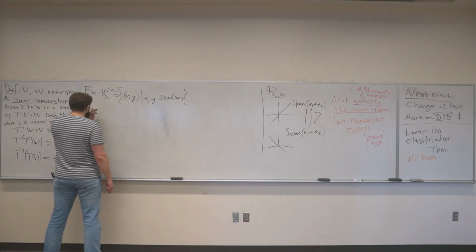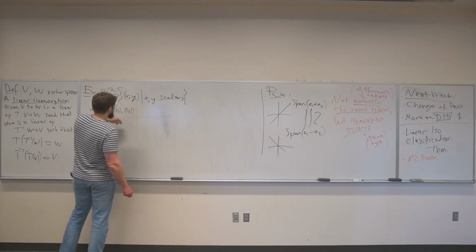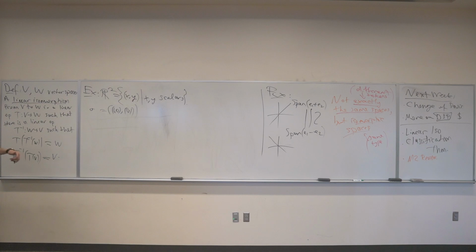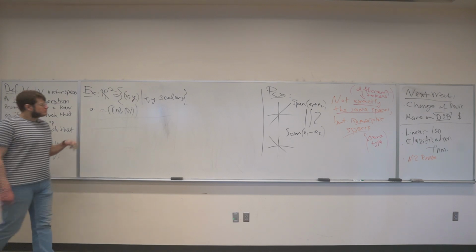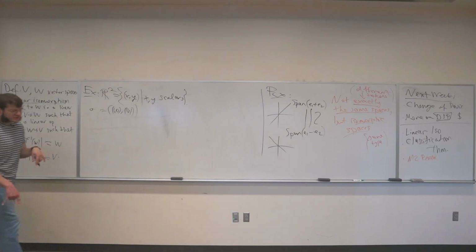So the standard basis is (1, 0) and (0, 1) as pairs. Okay, let's write it like this. So the order matters.